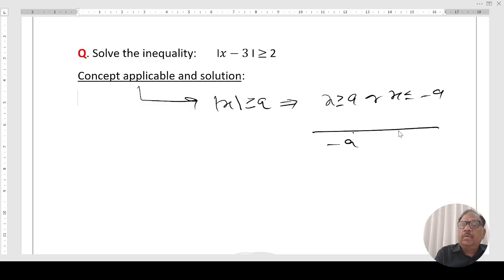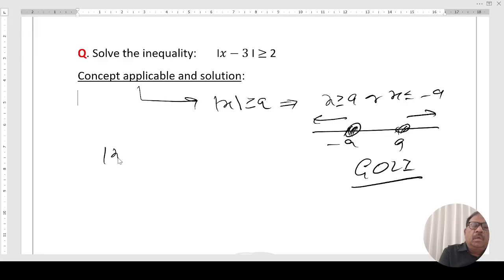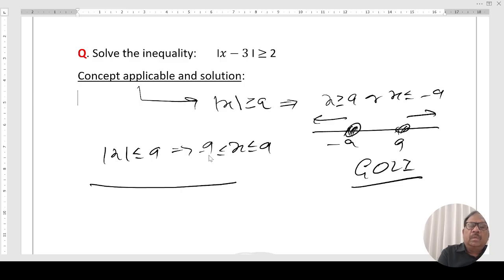If it's a closed interval, shade it. Greater for outside, less for inside. If it is mod x less than or equal to a, then x lies between minus a and a.